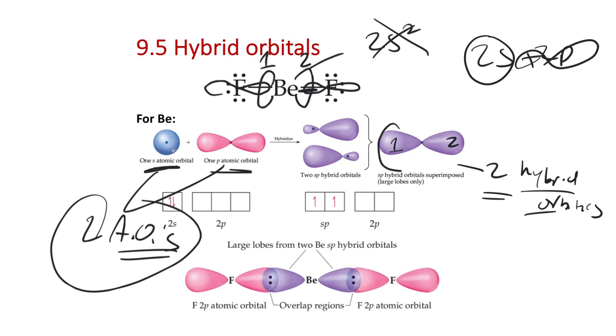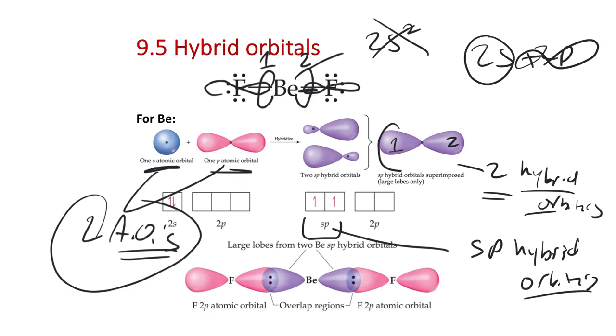So what we call beryllium here is sp hybridized. This is sp hybridization, where I hybridize one s and one p on beryllium. We call those sp hybrid orbitals, from the mixing of one s and one p on beryllium.